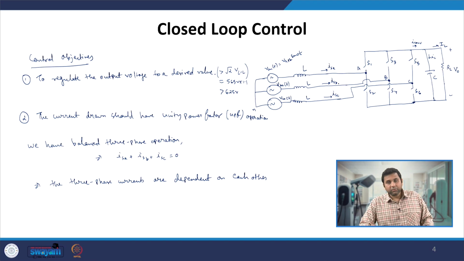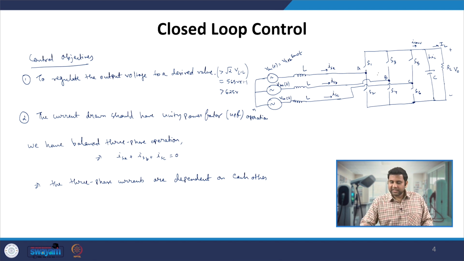If I am trying to control the B phase current, C and A phase will be changing. If I try to do anything in the C phase, B and A phase will be changed. So, there is no independency between the 3 phases. And now if there is no independency between the 3 phases, then how can we ensure that all the 3 phase currents are controlled and they are having the unity power factor?